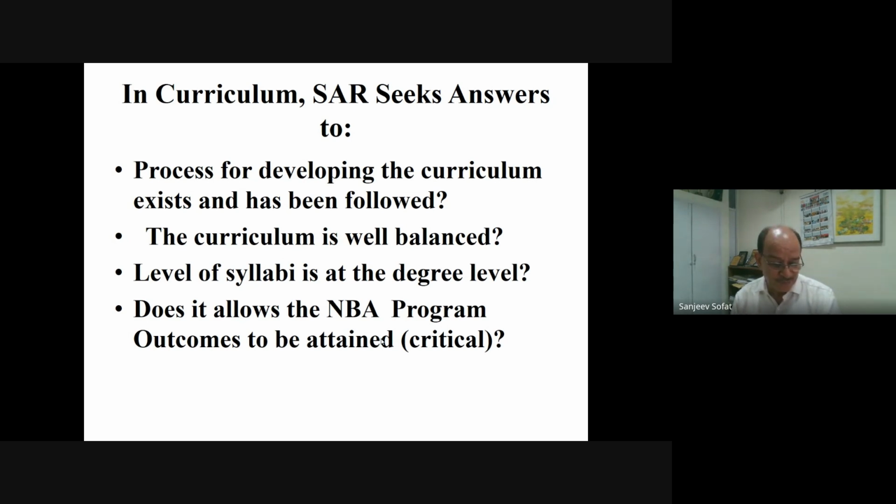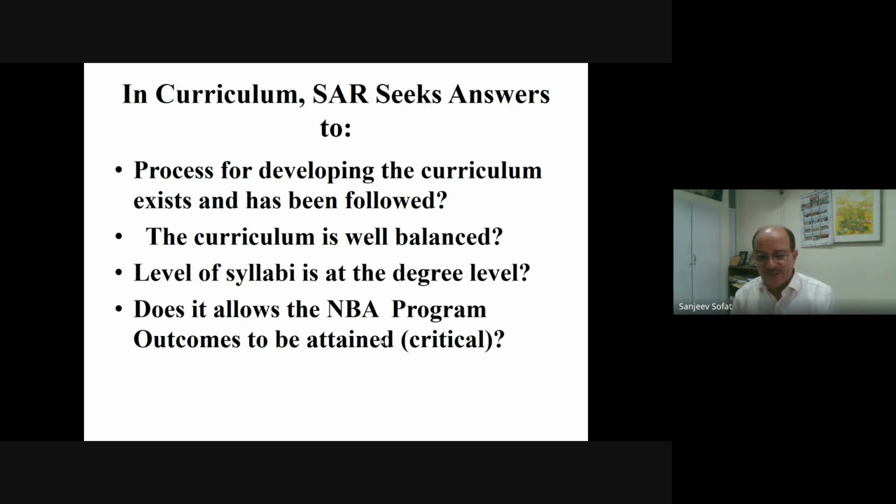A model curriculum says that 25% should be sciences, 10% management, 10% humanities, 20% courses of other branches of engineering. The rest you can think about as your core branch courses.